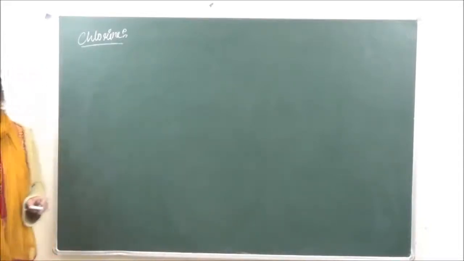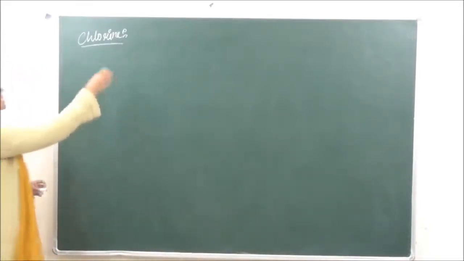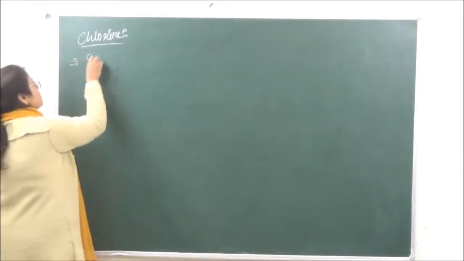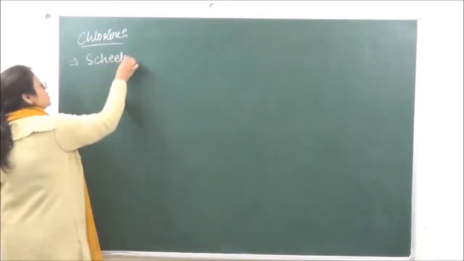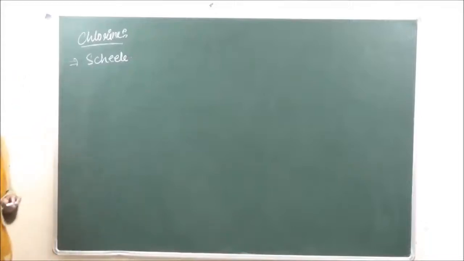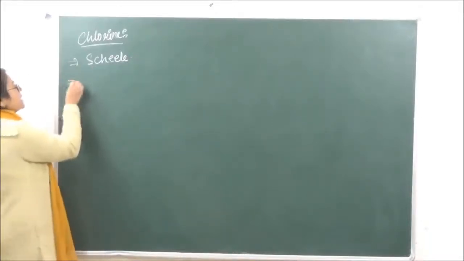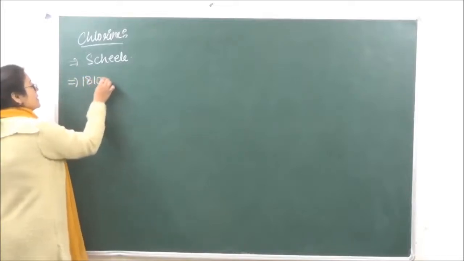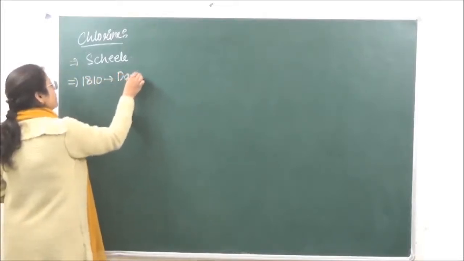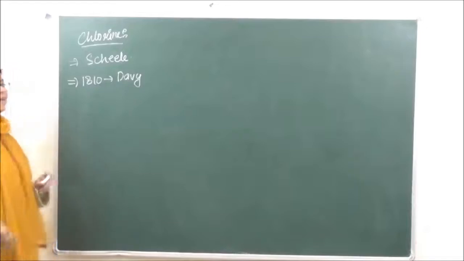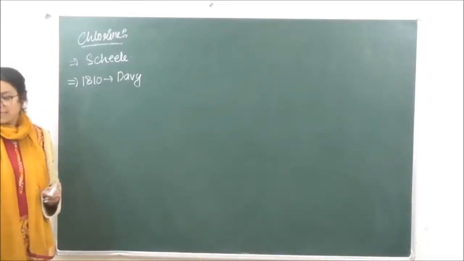Now when we talk of chlorine, that was discovered by Scheele. Scheele was the scientist who first gave us an idea of chlorine, and in 1810 Davy was the scientist who gave us the elementary idea of chlorine. Okay?